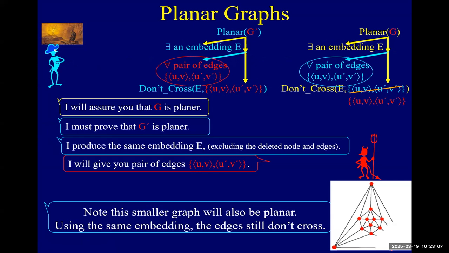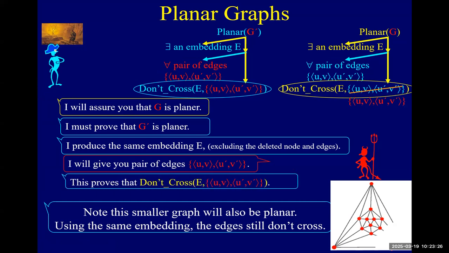I give them over to this oracle, and she assures that in the bigger graphs they don't cross, right? So they don't cross in the smaller graph. Everybody buy that, right?